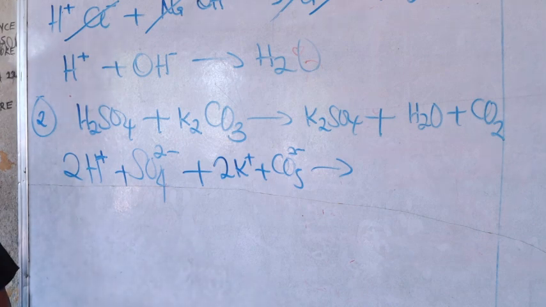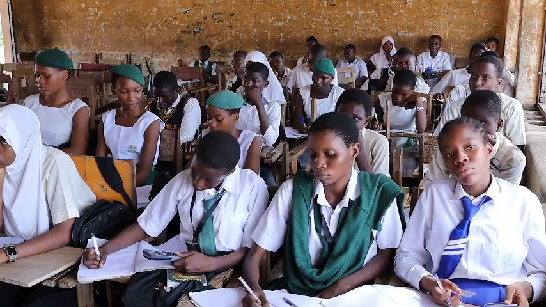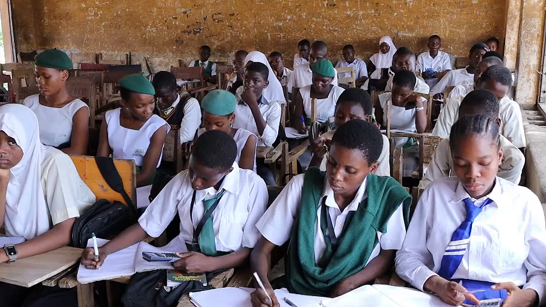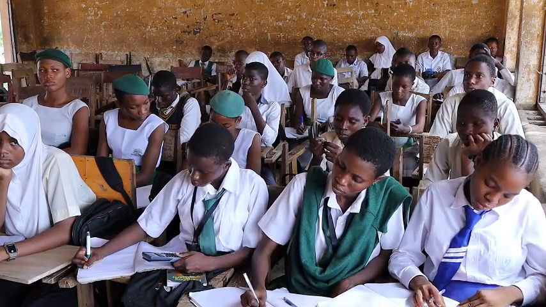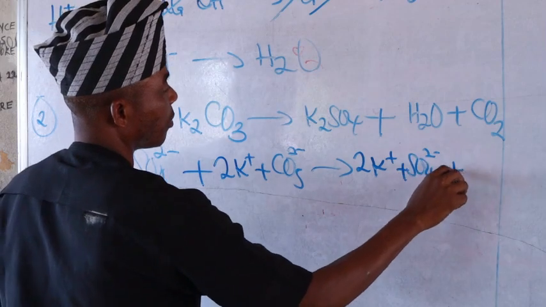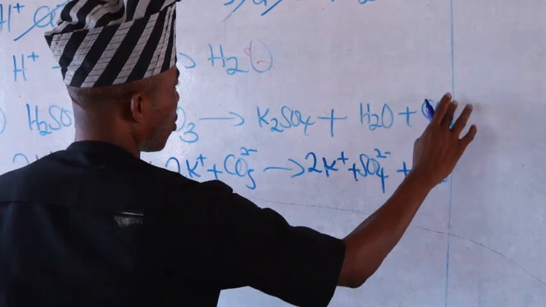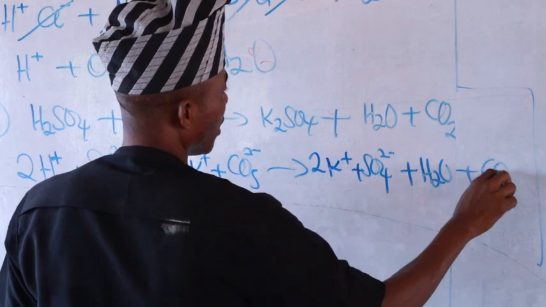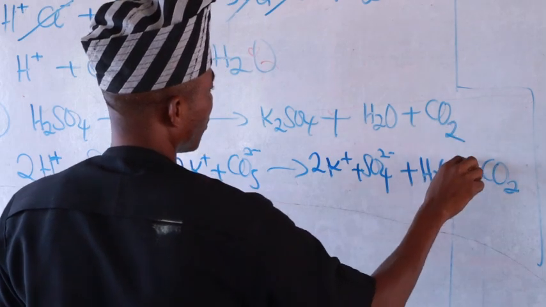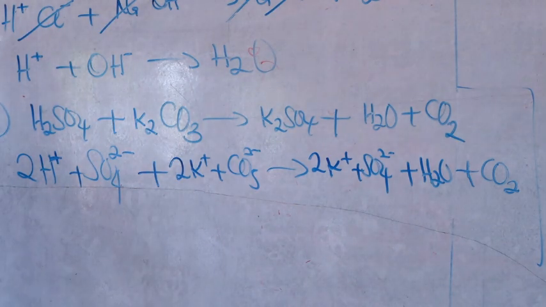K2SO4, is it a strong electrolyte or a weak electrolyte? Yes, it's a strong one. So it means it will dissociate into potassium ion and tetraoxosulfate(VI) ion. Plus, remember, water cannot be broken down into ions. Then we have the gas also remaining like that.